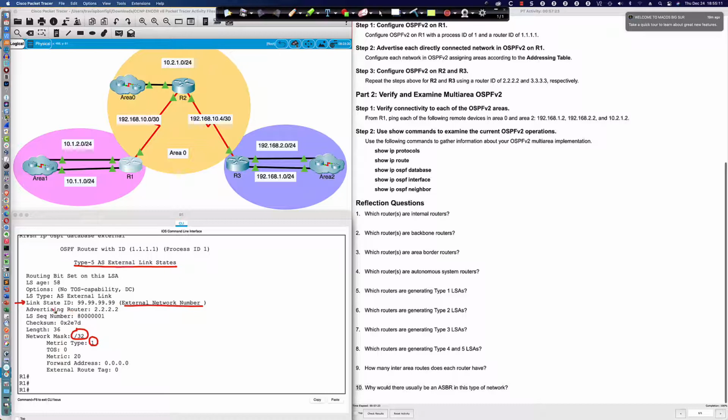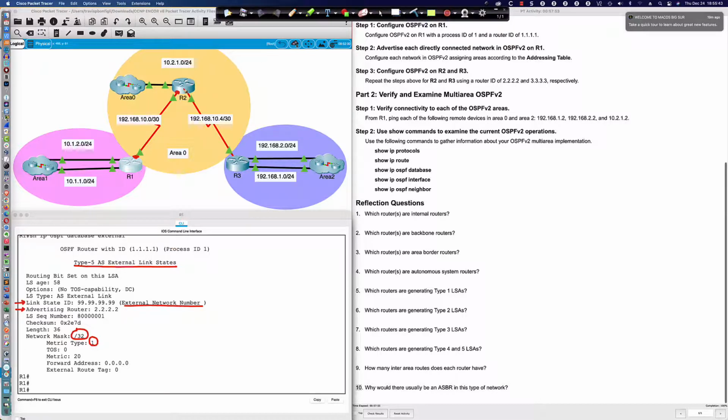Now, here's what's interesting. The advertising router, which is where the redistribution took place, is on router 2. And from router 1's perspective, who has an interface in area 0 and who sees the type 1 LSA for router 2, it knows exactly how to get to router 2.